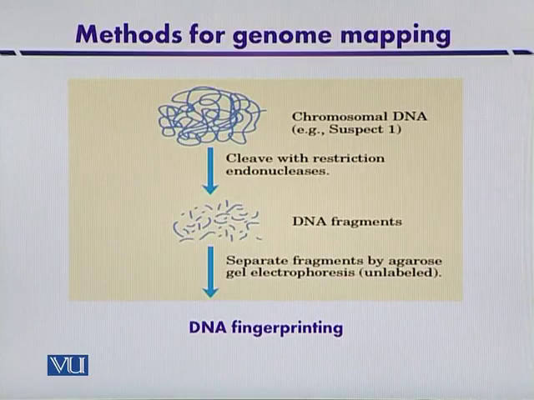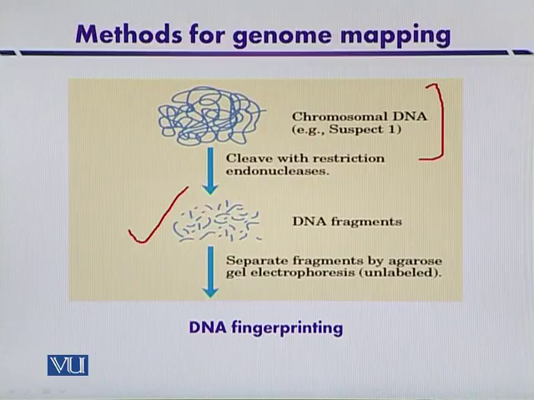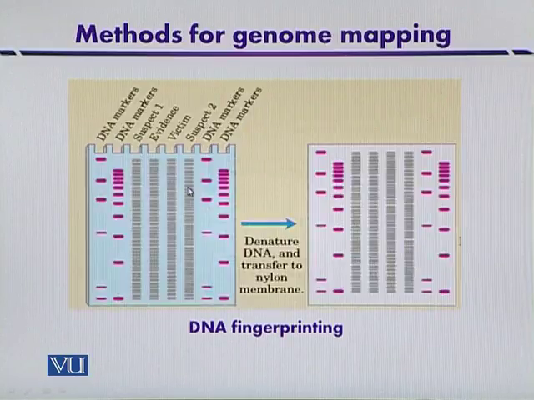Suppose here we have a chromosomal DNA, indicated here as suspect 1, and then it is digested with a restriction enzyme so that we have a variety of fragments, and in the next diagram it is mentioned that these fragments can be separated on the gel from different sources.